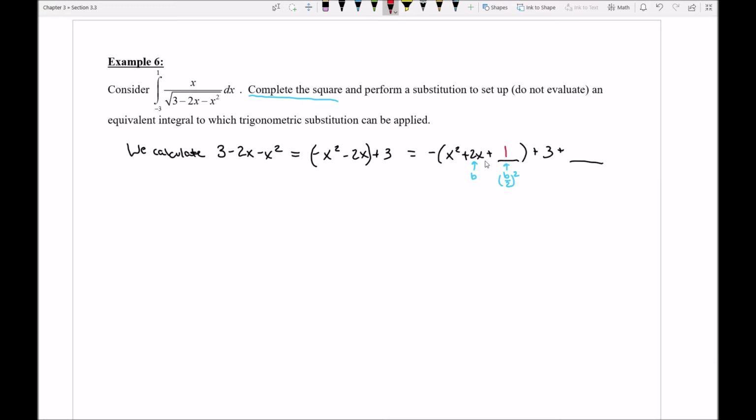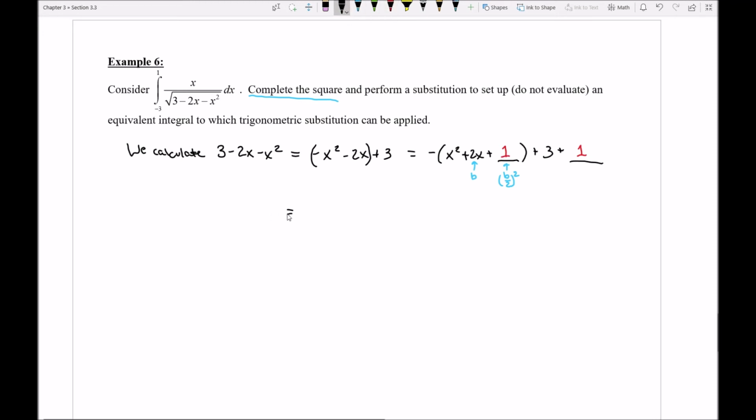Of course, I can't just add a plus 1 to something, but I can add a 1 and then take it away. Except that what I just wrote down is slightly inaccurate, because if I redistribute the negative, I really put a negative 1 over here, which means to counterbalance it, I would have to put a positive 1 over here. Negative 1 and positive 1 will cancel out.